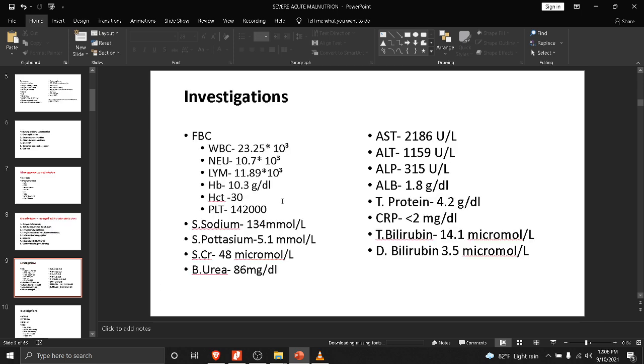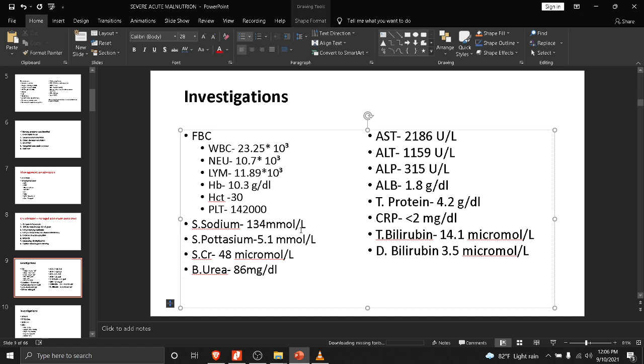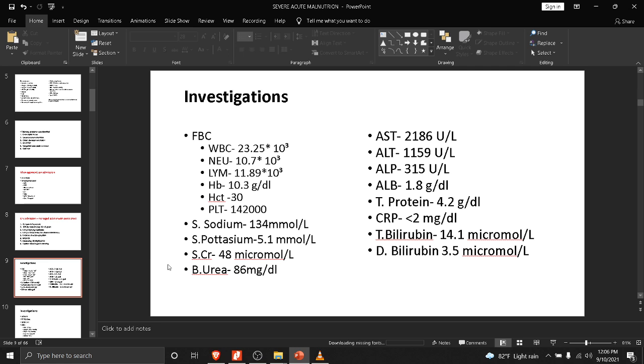These were the investigation results we had the next morning. In the full blood count, the WBC count was 23,000 with neutrophil and lymphocyte equal predominance, hemoglobin 10.3, which is slightly low, hematocrit 30, and platelets 142.